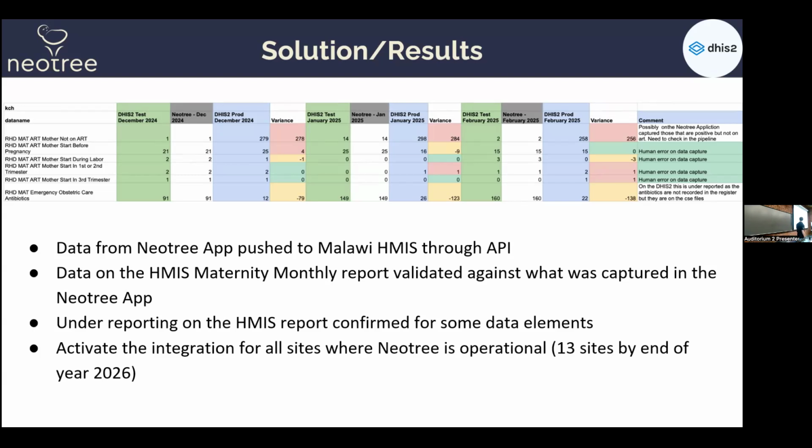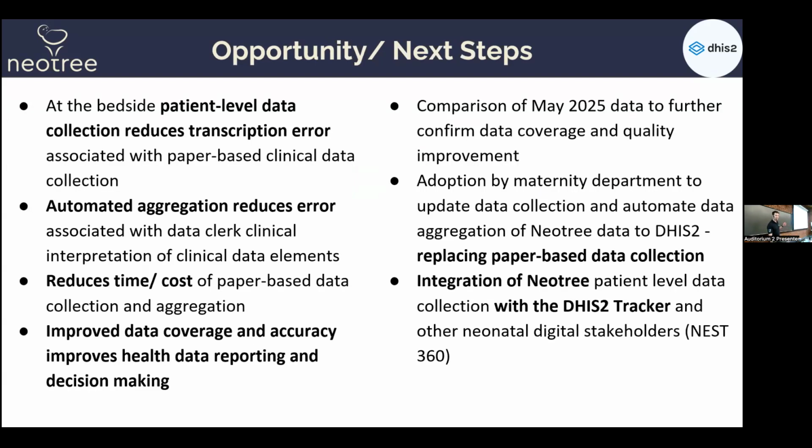So what we found was this was being underreported, and what our next steps are, or what is the opportunity, is that our patient level data, wherever we are based, we would introduce that our healthcare worker patient level data is integrated with the DHIS2 aggregation system.